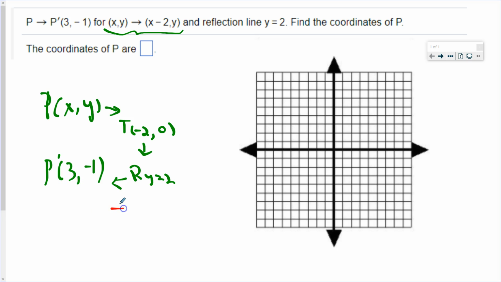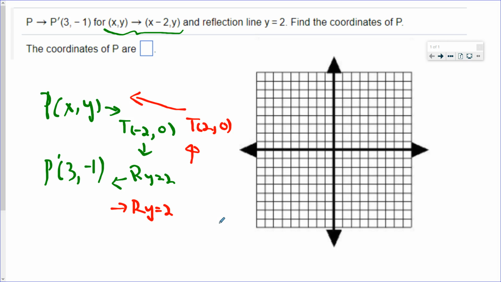I'm just going to do a reflection first. After doing the reflection, I'm going to go back. Because my translation was -2, 0, the reverse order is going to be 2, 0. With that, I should be able to get back to my P. It's just the reverse order thinking.